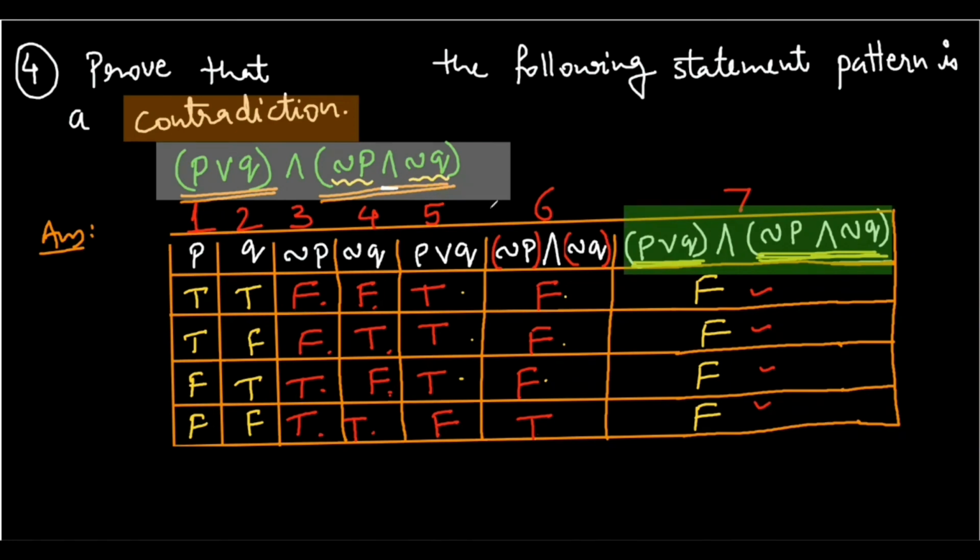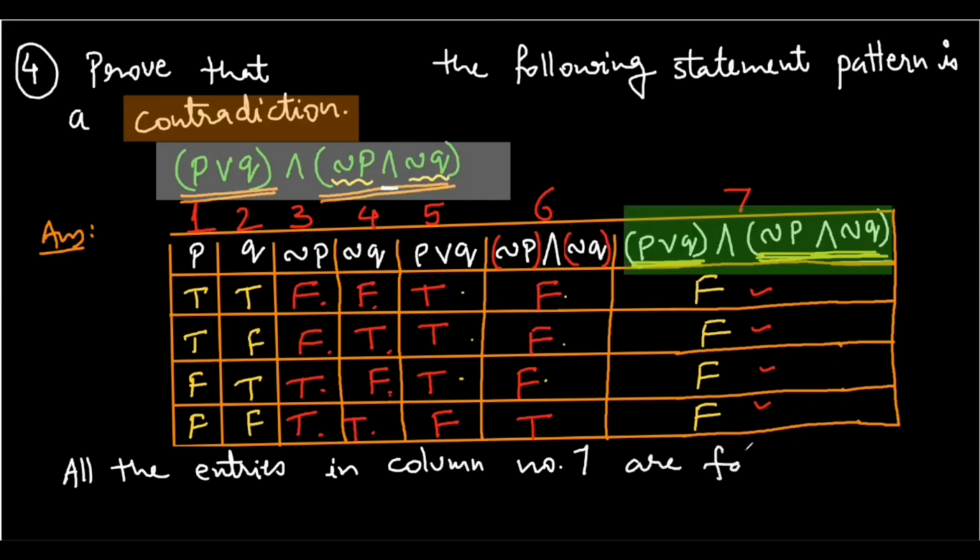So here we write the final answer. I will write the final answer as: all the entries in column number 7 are false.